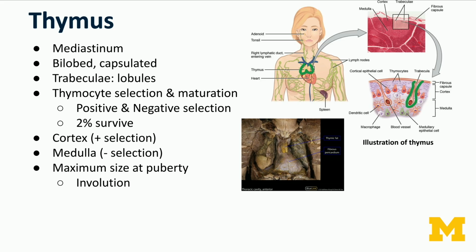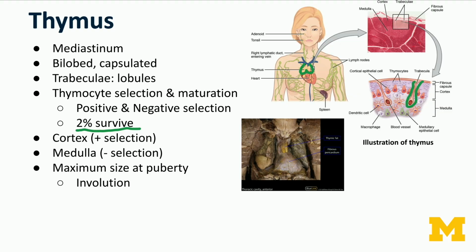And so they go through this process of positive and negative selection. The total outcome of which is that usually about 95 to 98% of potential T cells are going to be removed from circulation within the thymus before they can ever be released into the body.